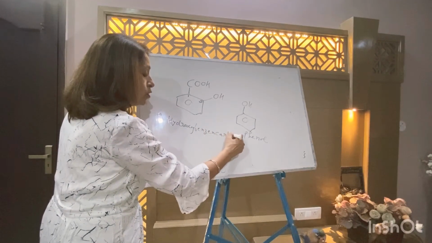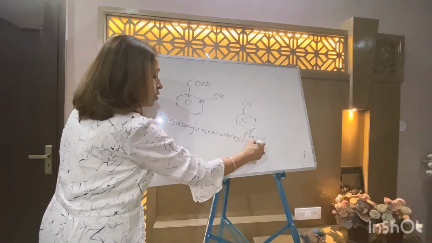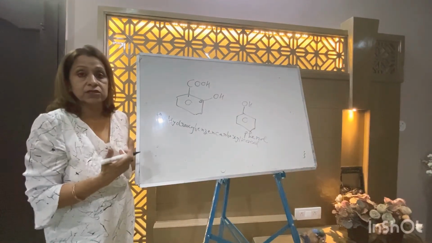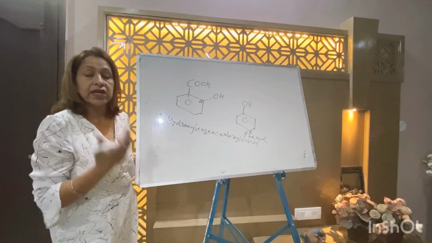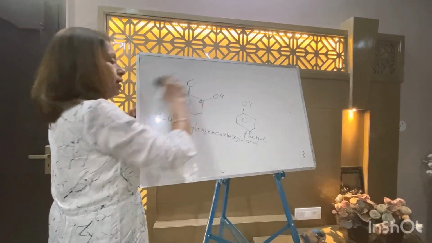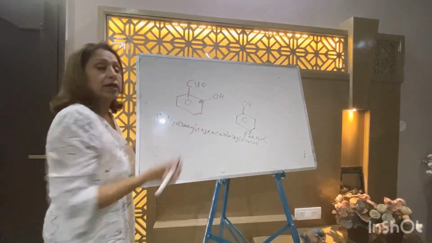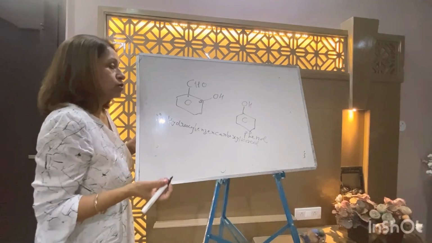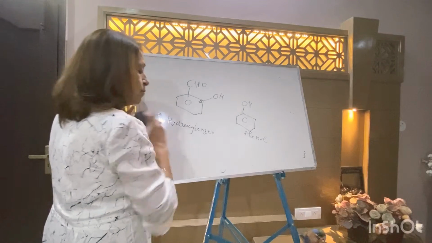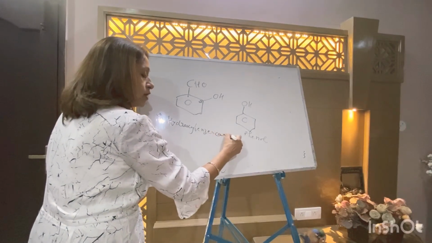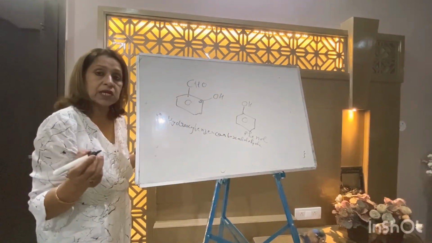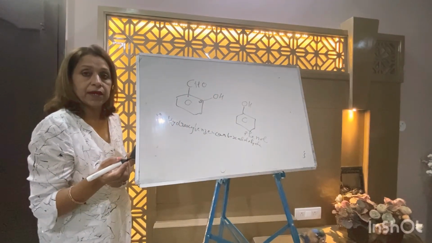Because the acid group is bigger than the OH group. Same if aldehyde comes. Aldehyde is again big. So it's 2-hydroxy again. It's a 2-hydroxy benzene carboxaldehyde.